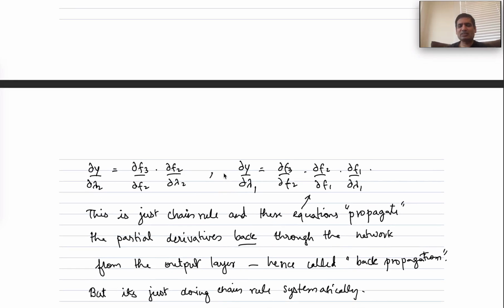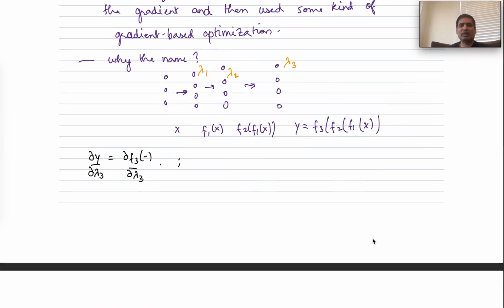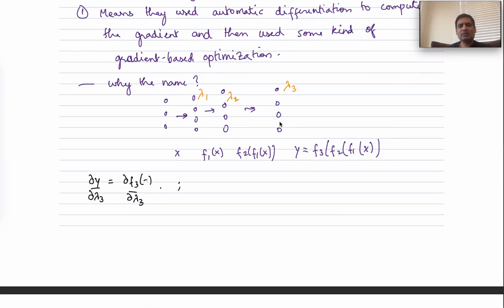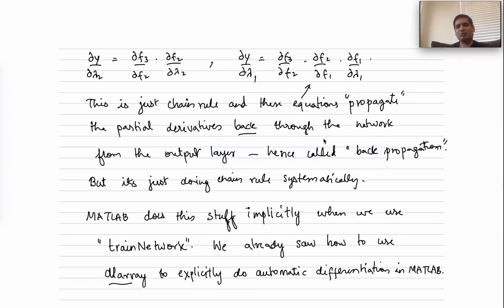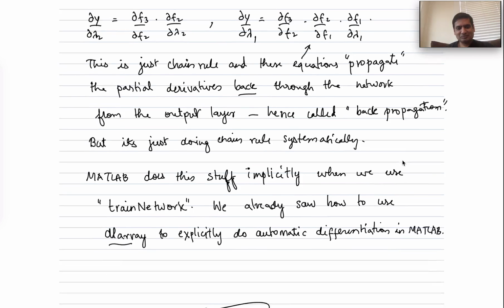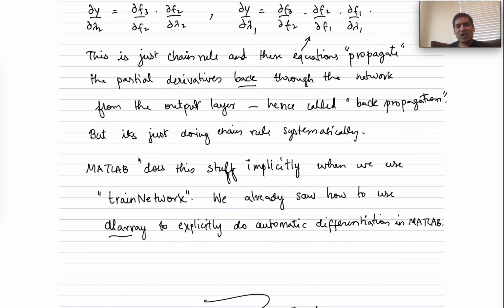So all we're doing is chain rule, and we are propagating the partial derivatives back through the network, right? So we're propagating the chain rule back through the network from the output layer. And hence it's called backpropagation. There's this backward propagation of these partial derivatives. So that's why it's called backpropagation.